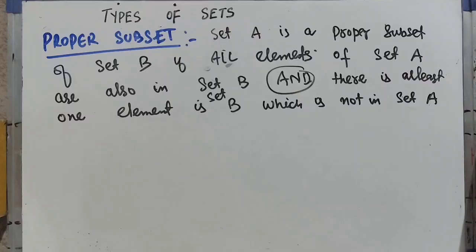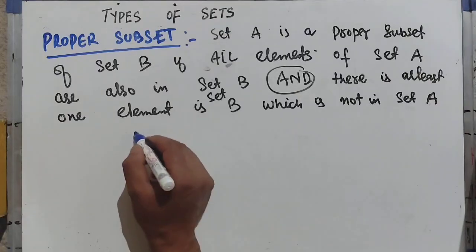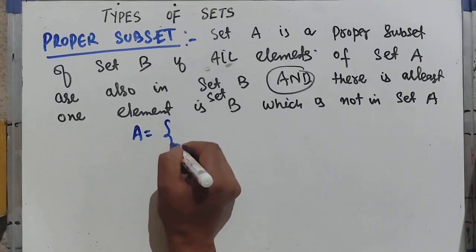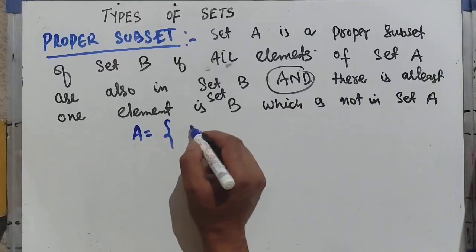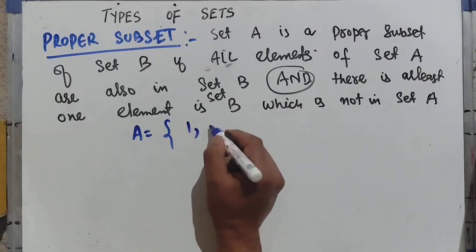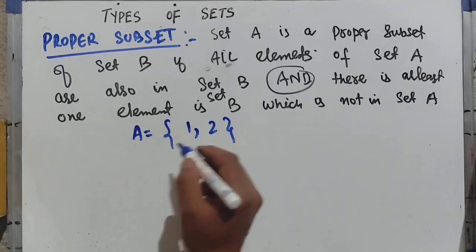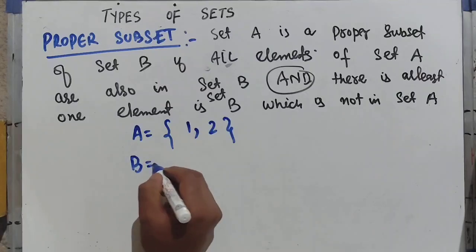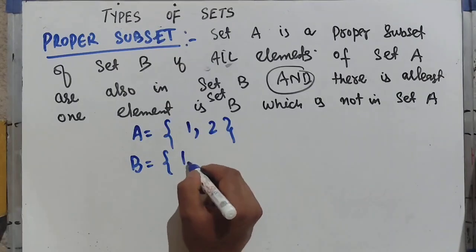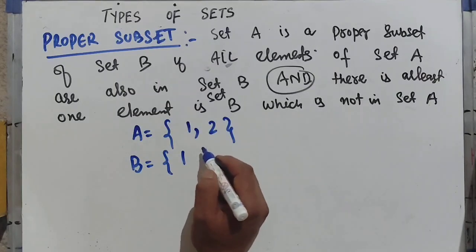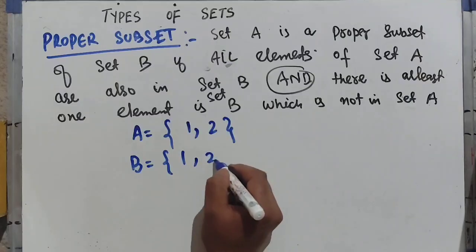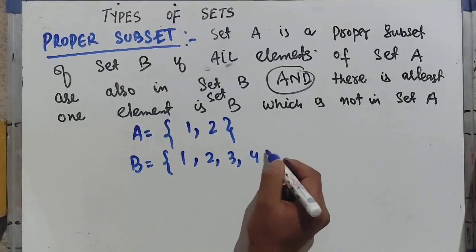So by this what we mean, let me take an example to explain it. Let us suppose we have a set A where we have elements 1 and 2, and I have another set B where we have 1, 2, 3 and 4.